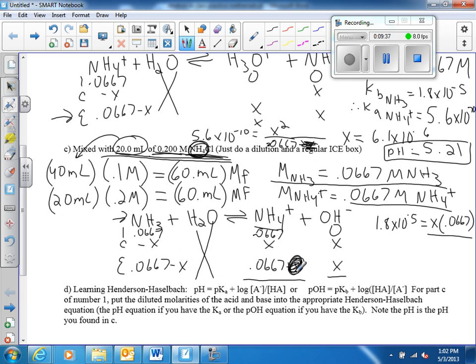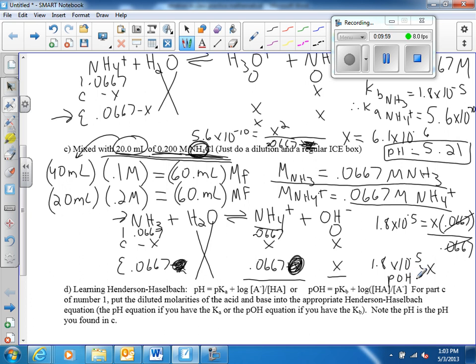We assume that when the Ka or the Kb is small, that means x is very small. And we need to divide by reactants. We're going to again assume x is very small, so we're just going to divide by 0.0667. Oh, beautiful. These cancel out, and x is 1.8 times 10 to the minus 5.